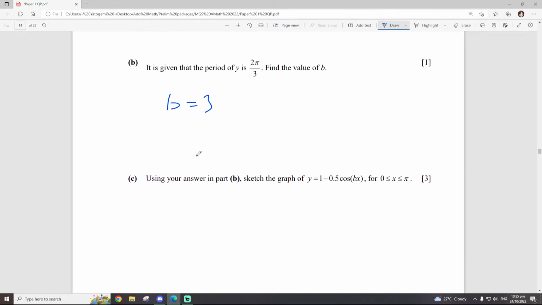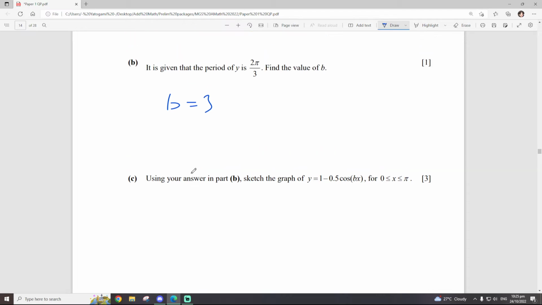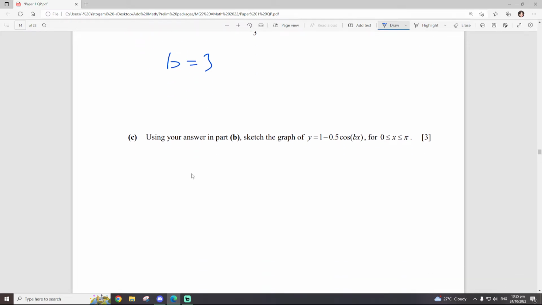And using our answer in part B, sketch the graph. Okay, so we're going to sketch the following graph, 1 minus 0.5 cosine bx. You'll notice that it will never cut the x-axis, so that's quite an important factor. So let's see what that looks like. This is x and this is y. Okay, so the equilibrium position is 1, and this is half, and this is 3 halves.